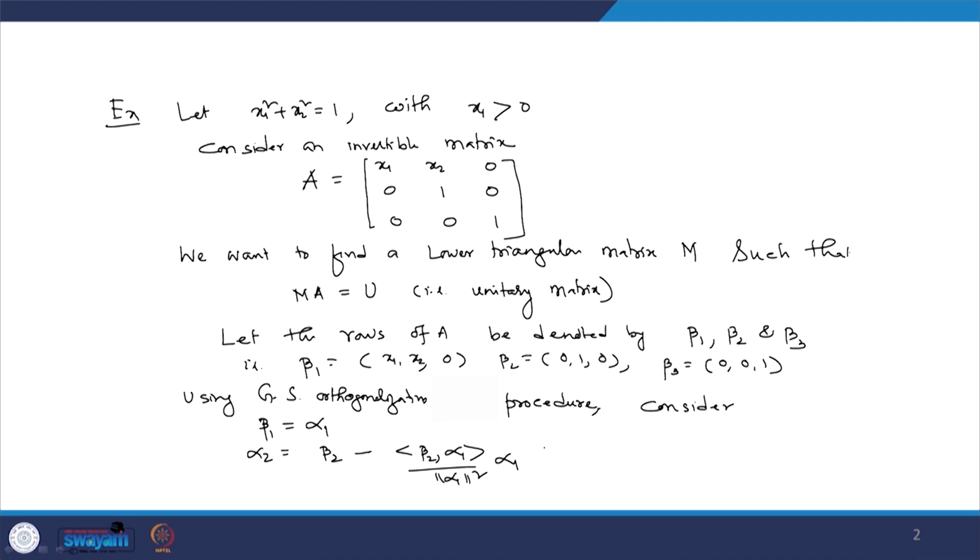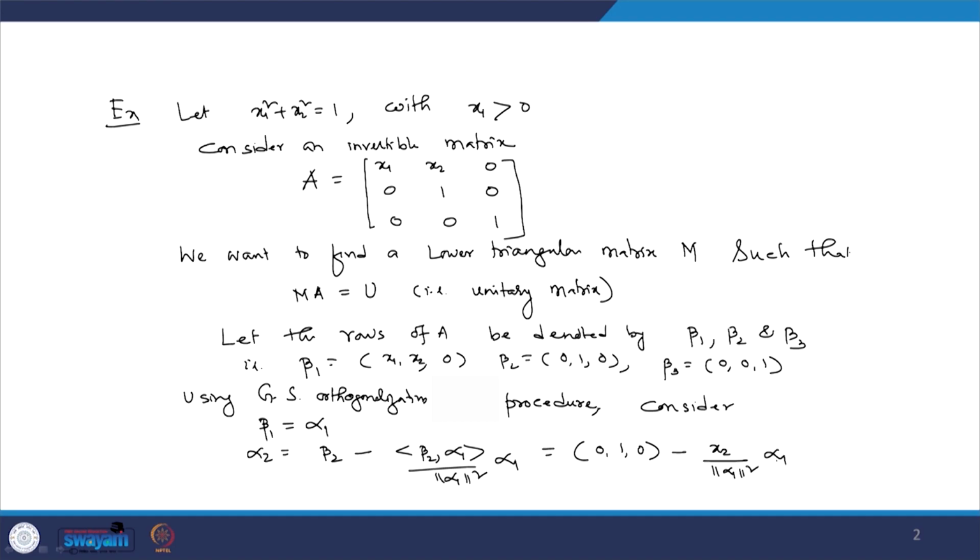So, beta 2 is 0, 1, 0 minus the inner product of beta 2 and alpha 1. Since alpha 1 is equal to beta 1, taking the dot product gives x2 into alpha 1.